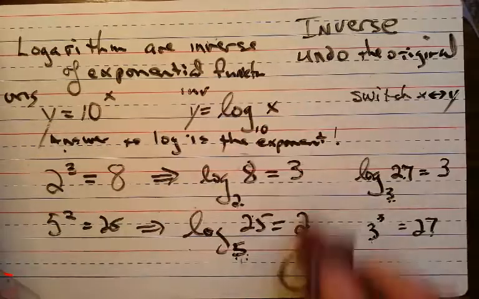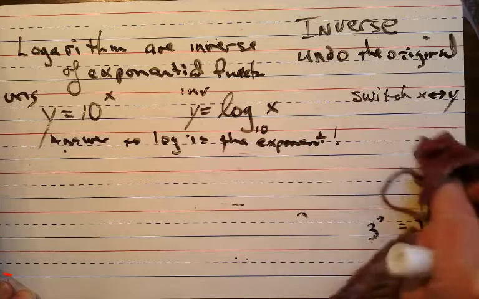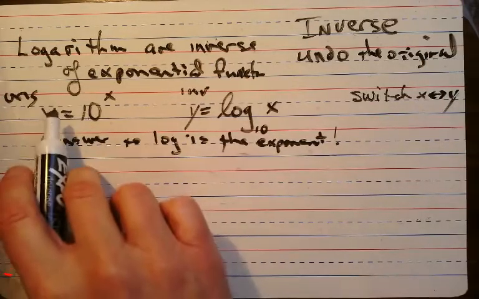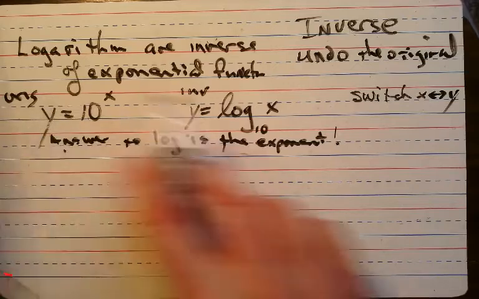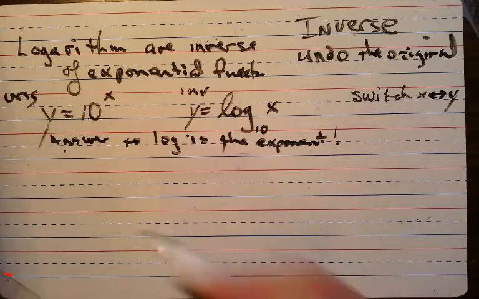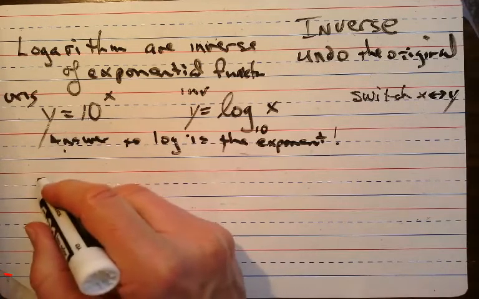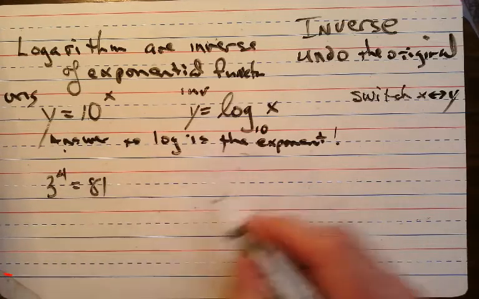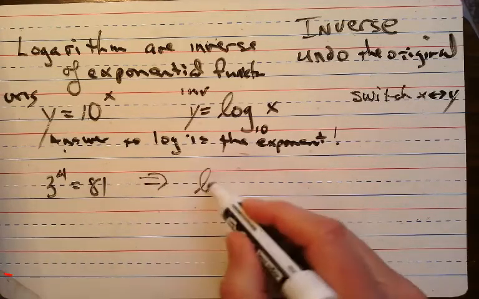Let's try some more, just to make sure we understand. Now you have to be able to go from logarithms to exponents and from exponents to logarithms. So, what if I said 3 to the 4th equals 81, and I wanted you to write me a logarithm?